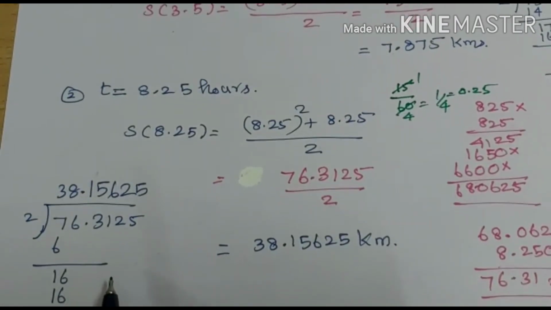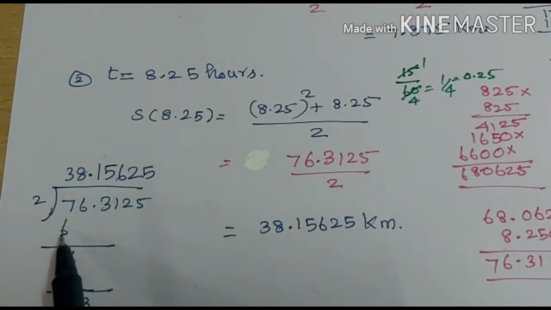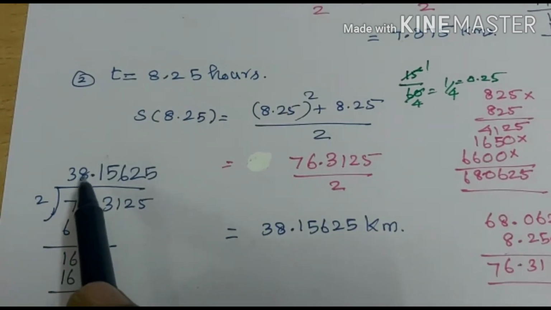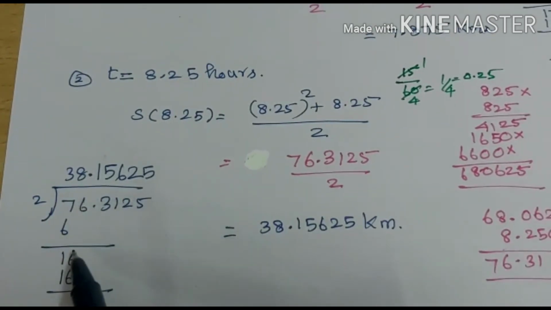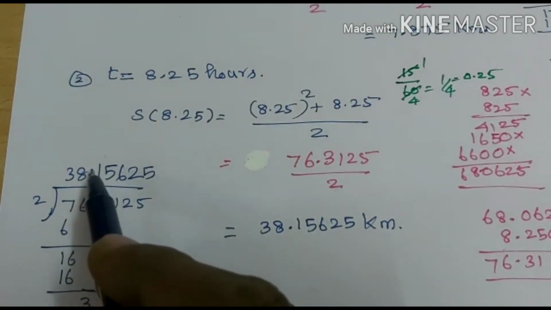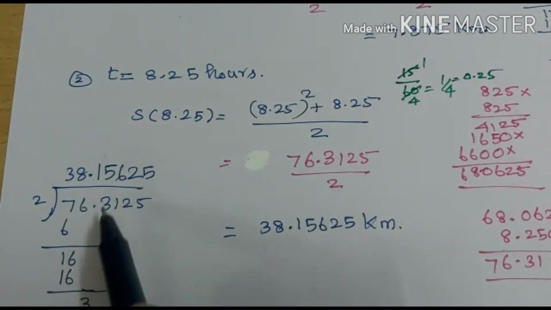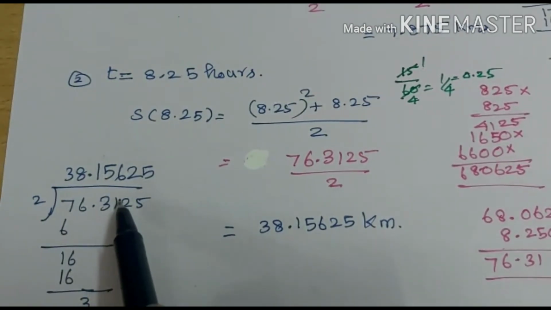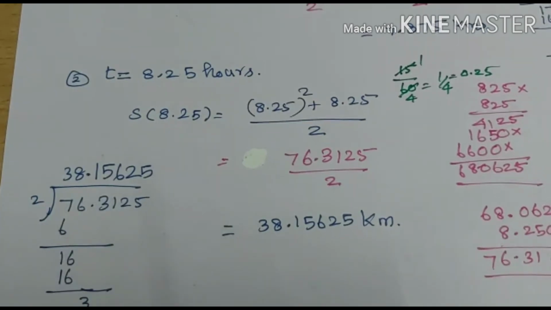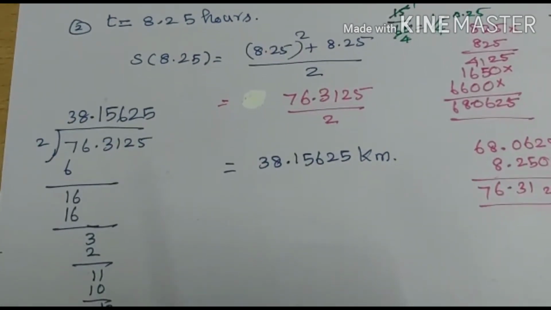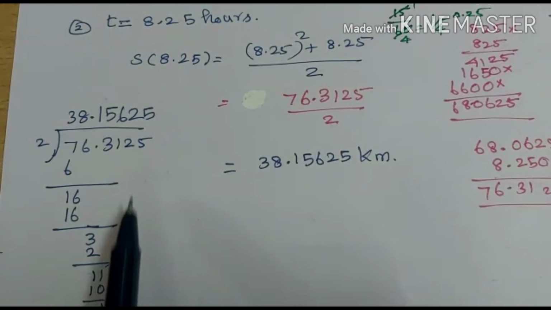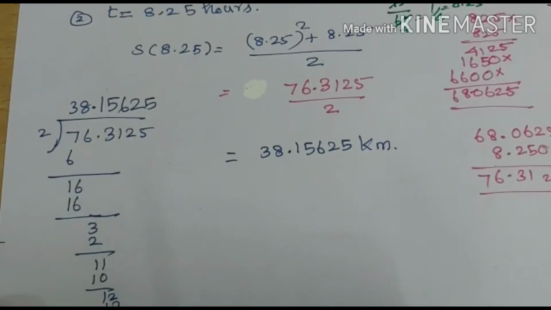Listen, 76.3125 divided by 2. So 3 2s are 6, balance 1, and then 8 2s are 16. Put the decimal above in the quotient, and then 1 2s are 2, balance 1, and then down the 1. 5 2s are 10, balance 1, and then down the 2, and then 6 2s are 12.